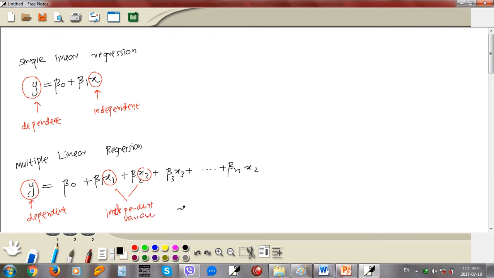So x1, x2 up to xn are independent variables, and beta 1, beta 2, beta 3 up to beta n are the coefficients of the variables, and beta naught is a constant. So it means simple linear regression involves one independent variable, but in multiple linear regression there are many independent variables and one dependent variable.